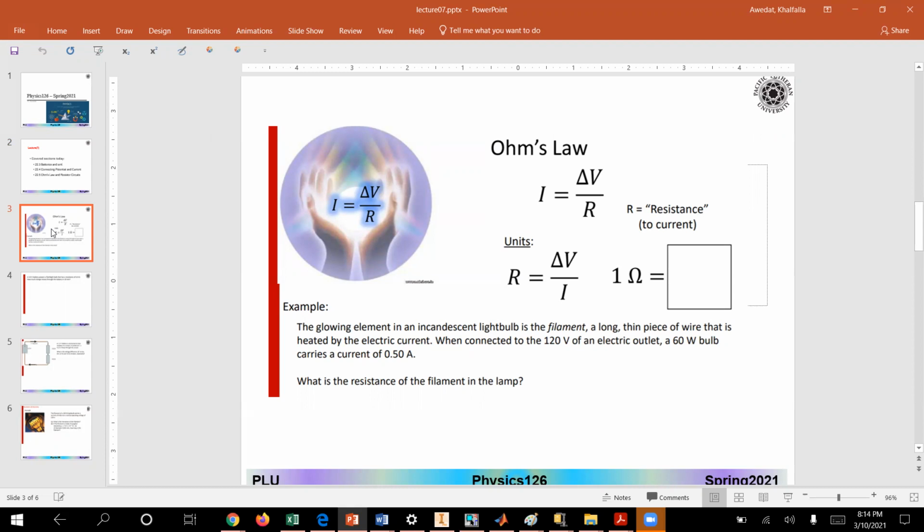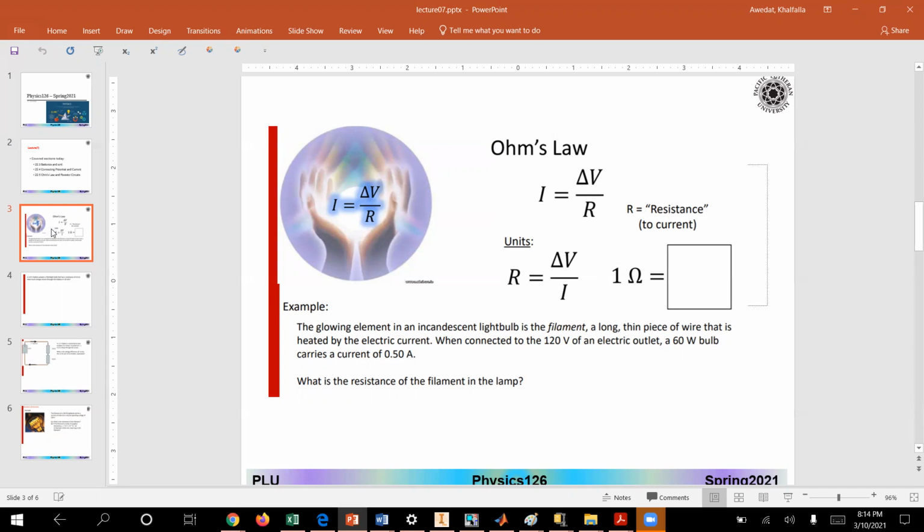Ohm's law, the formula is straightforward, just states that the ratio of the voltage across the element and the current is going to be a linear relationship.